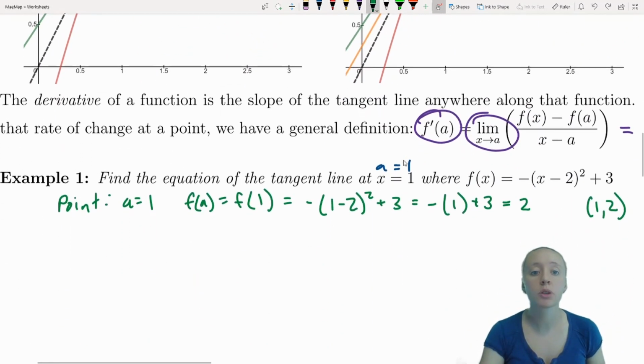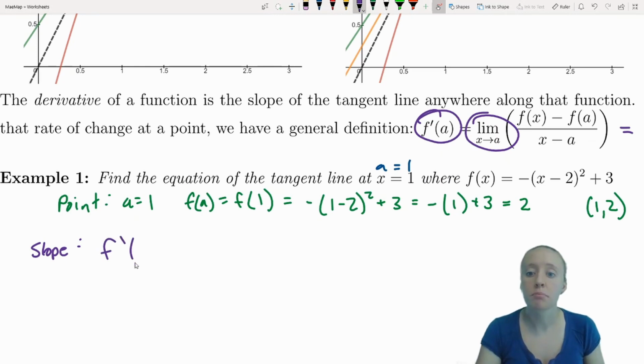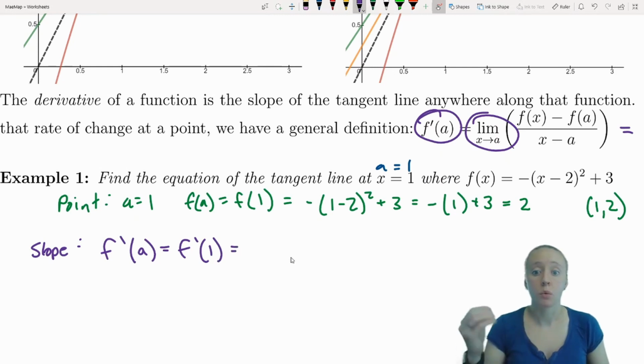So now I'm going to find the derivative at a. So I need to calculate the slope of my tangent line. And in order to calculate that, I'm going to find f prime of a, which is going to be f prime of 1. What I'm going to do is everywhere I see an a in this formula, I'm plugging 1 in.